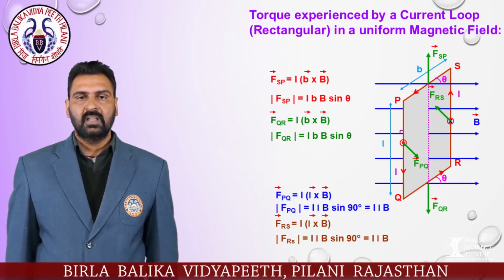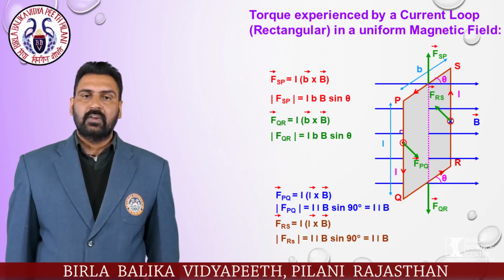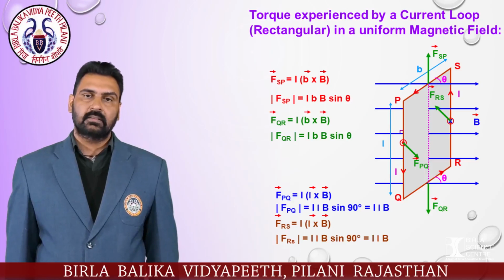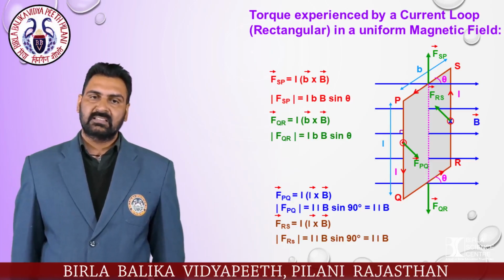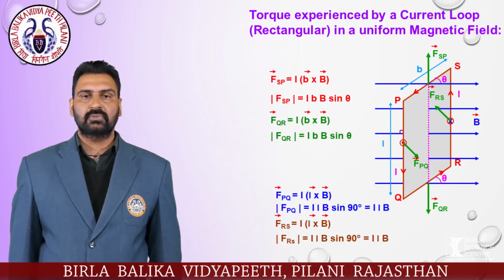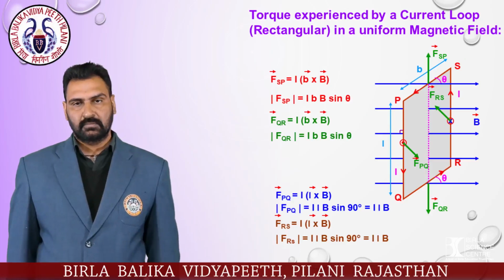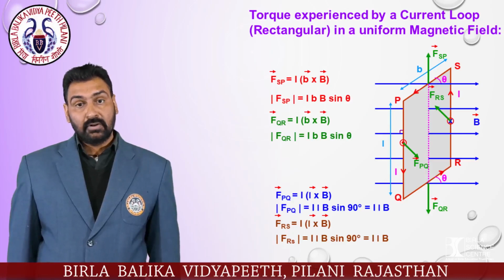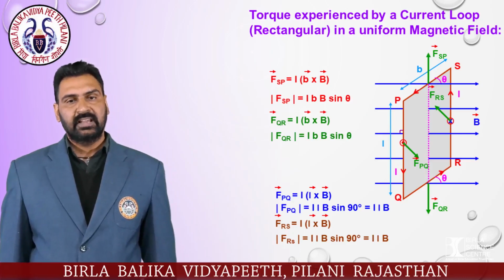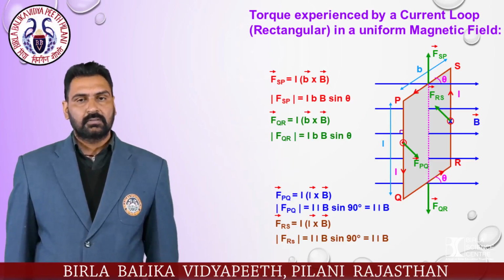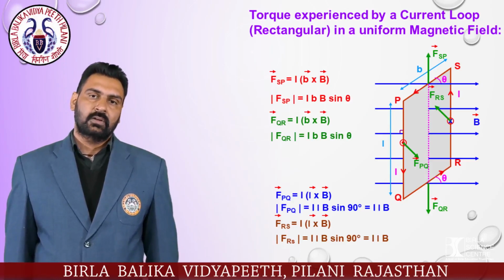Now forces FPQ and FRS, being equal in magnitude but opposite in direction, cancel out each other and do not produce any translational motion. But they act along different lines of action and hence produce torque about the axis of the coil.